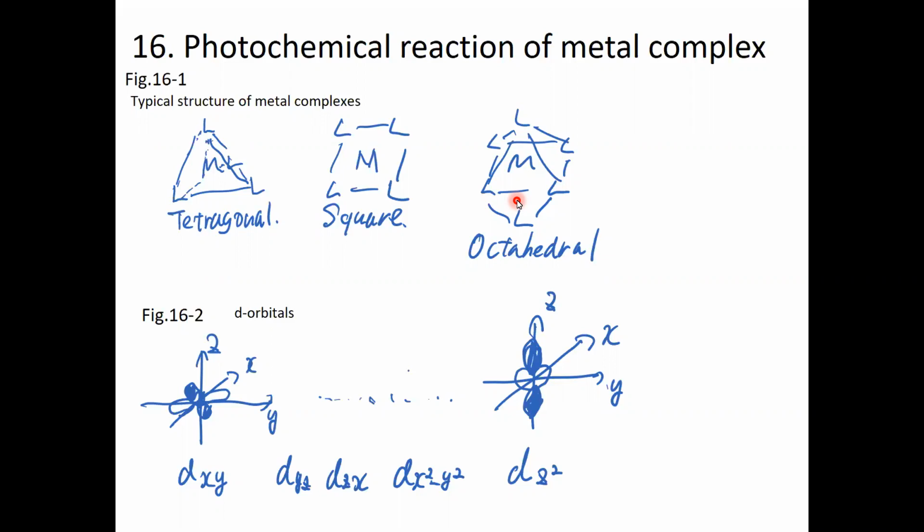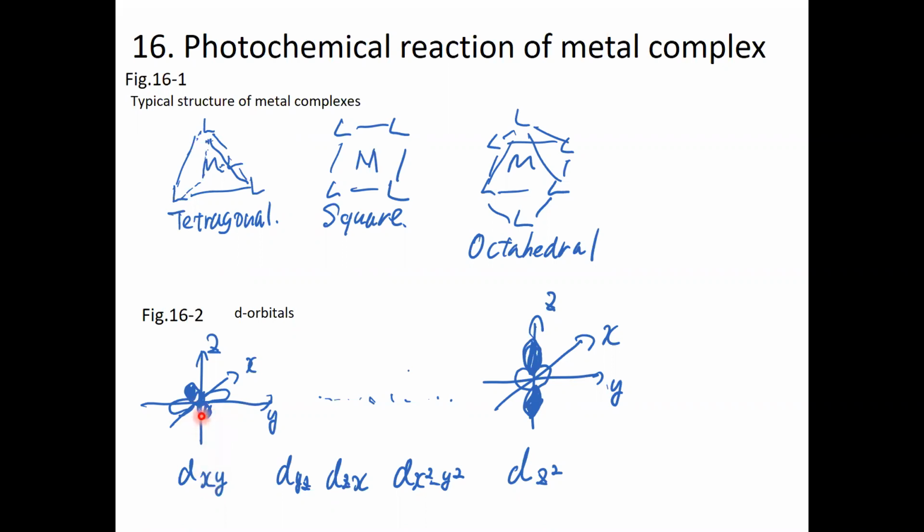And especially, the reason why the metal complex is so special in photochemistry is that it involves the d orbitals. As you see, I skipped these figures, but the d orbitals are different from the s and p orbitals. The shapes of the molecular orbitals are different.